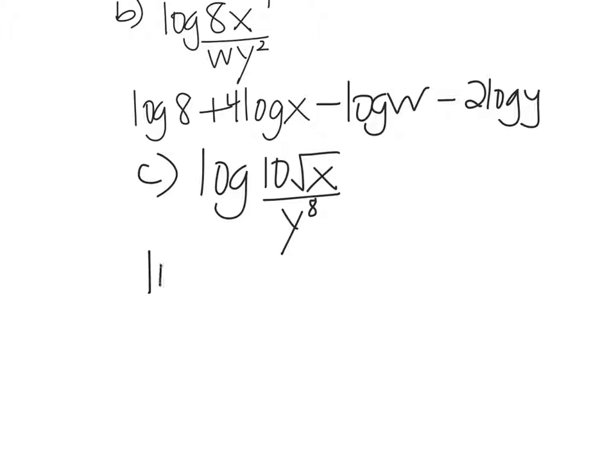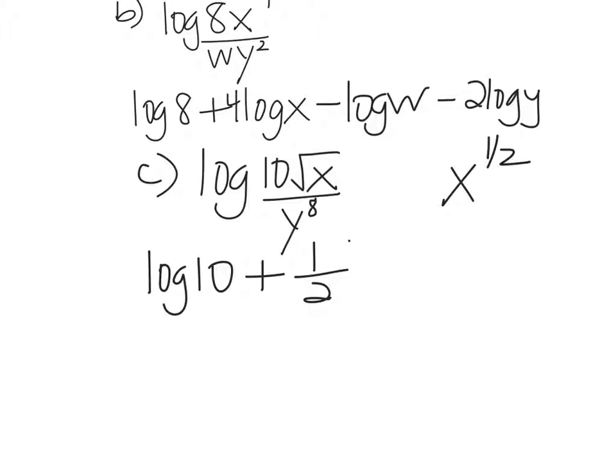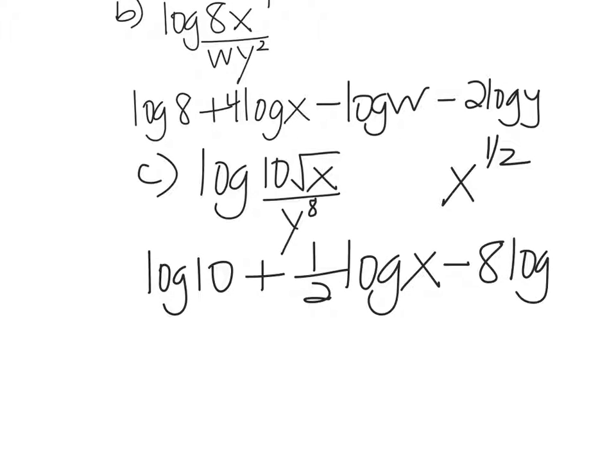So this is going to be log 10 plus log square root of x. And the square root of x is the same thing as x to the 1/2. You're going to take that 1/2 and move it to the front so that it's 1/2 log x. Okay? And then minus 8 log y. And I gotta do one more thing to this problem.